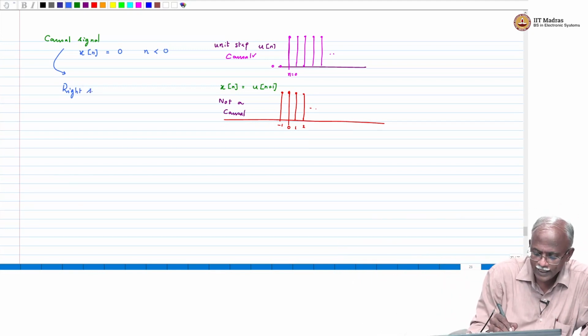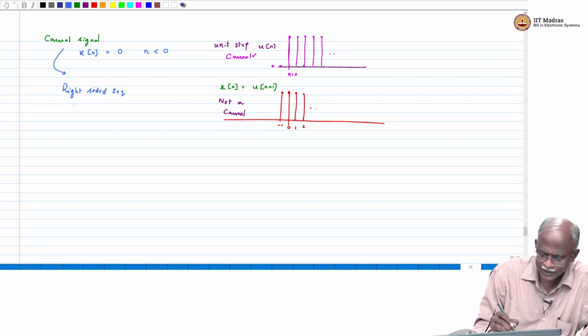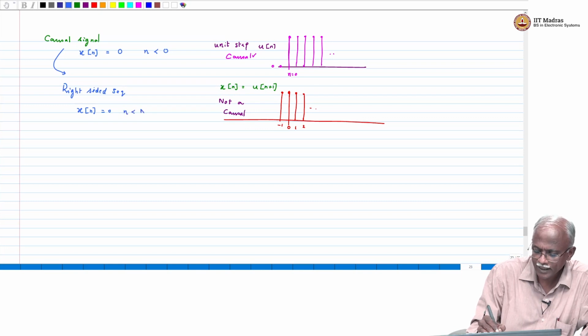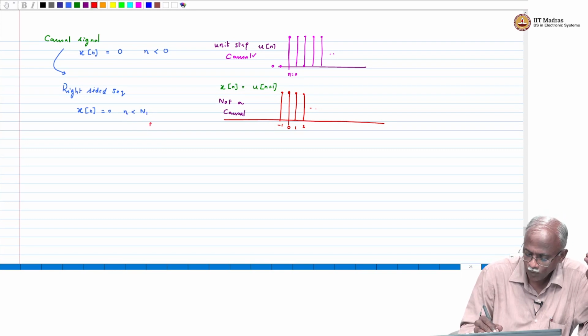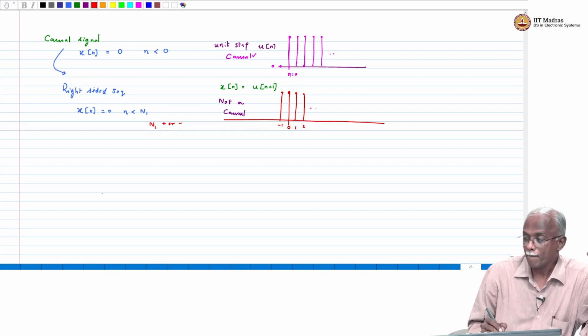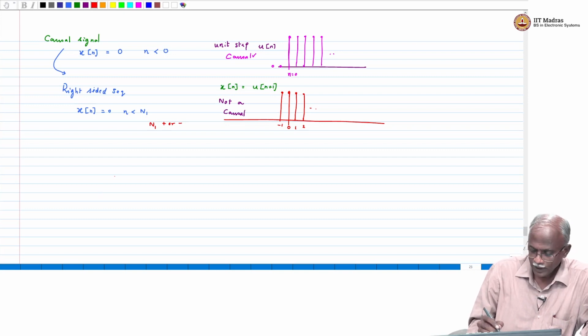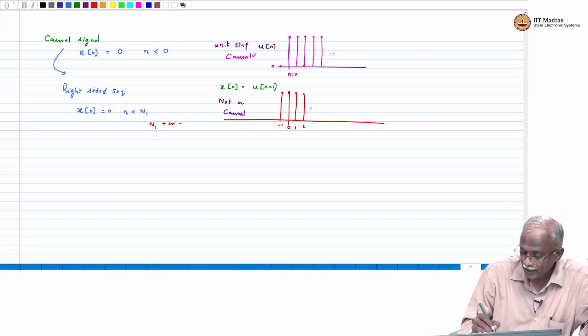So, all causal sequences are right-sided sequences. x of n must be equal to 0 for n less than n1. Notice that n1 can be positive or negative, and the sequence can be of infinite length also.